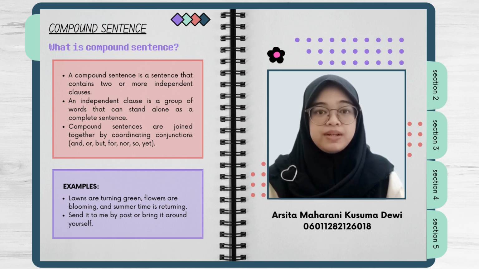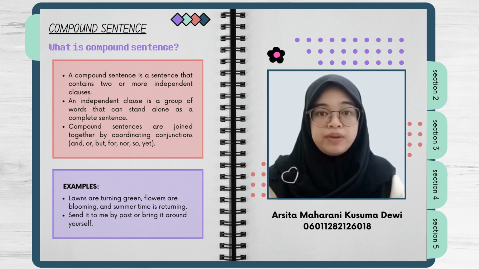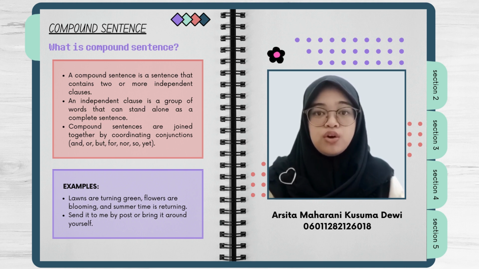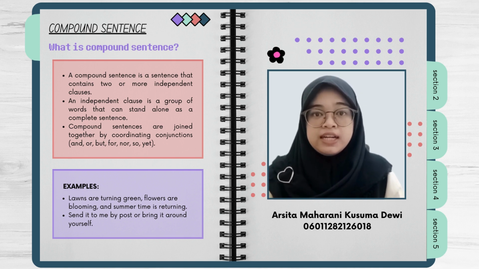The second example is: send it to me by post or bring it around yourself. This sentence uses or to give the listener 2 options: mail or deliver the item.